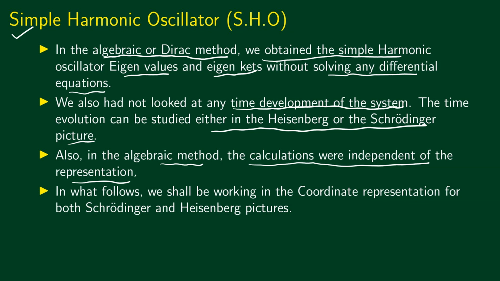But in what follows, we shall be working specifically in the coordinate representation, which means that we'll be taking the eigenfunctions or eigenkets of the position operator as the basis. We'll do both Schrodinger and Heisenberg pictures, but in the coordinate representation, unlike in the Dirac method.